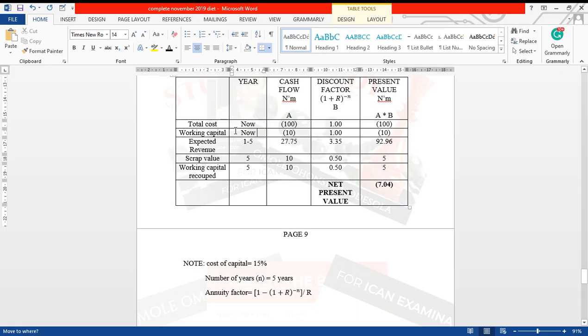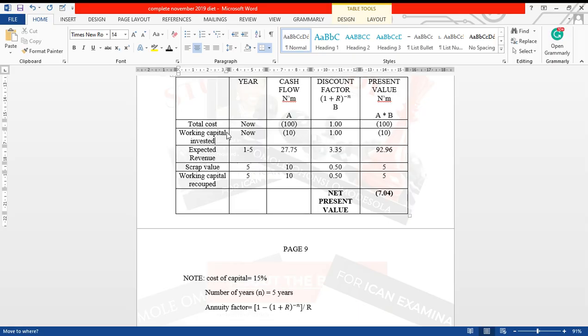So we can have working capital invested, then working capital recouped. It will be an outflow in year 1, that's the now, and also an inflow at the end of the period. Sometimes they'll give you additional working capital as investment, but they didn't give us anything like that. They just give us working capital.